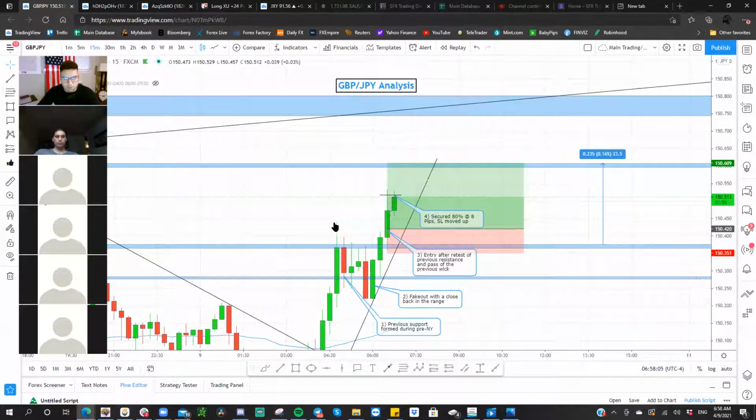With certain setups, I do that. With certain setups, I move my stop loss right to break even. It really depends. Depends on the pair too.